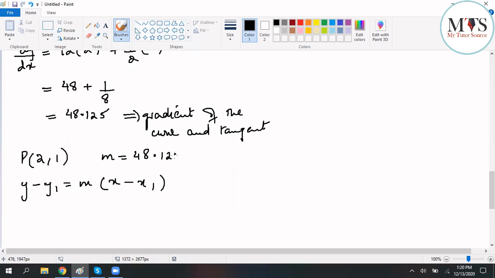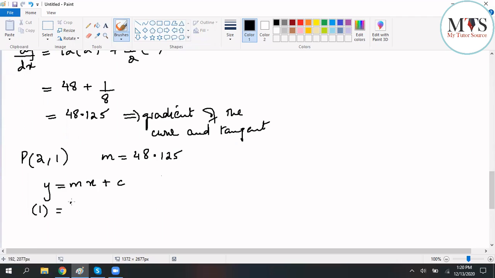No. Okay, then I'll just use y equals mx plus c. We have a point and the gradient, but we need the y-intercept, correct?